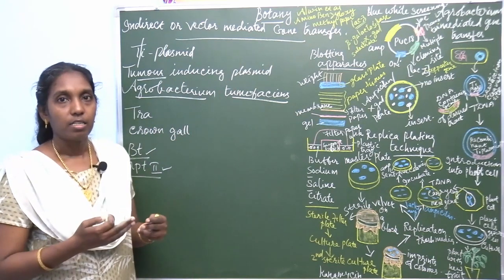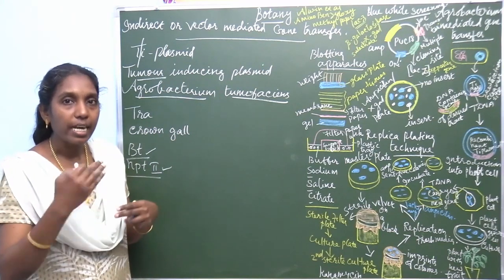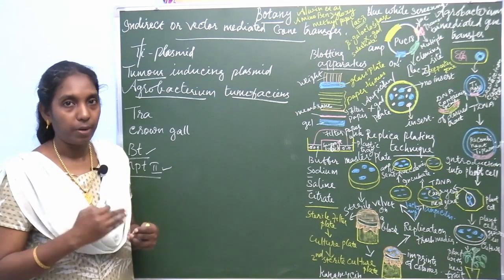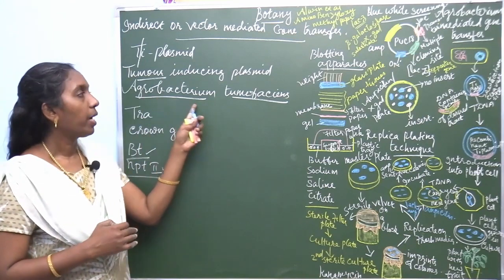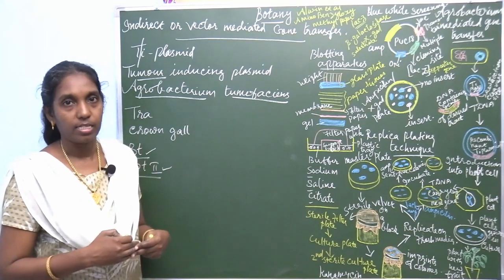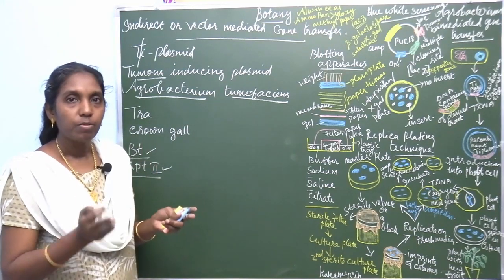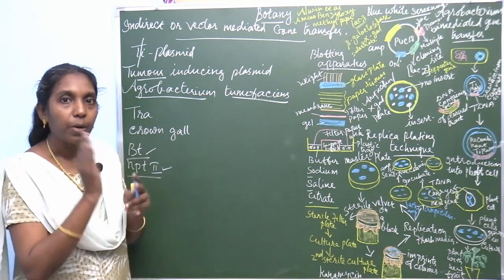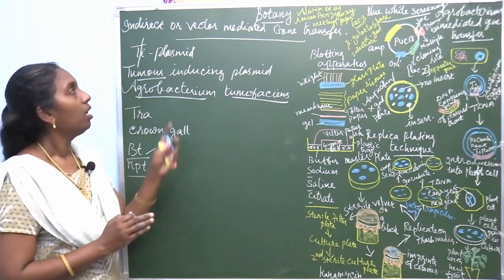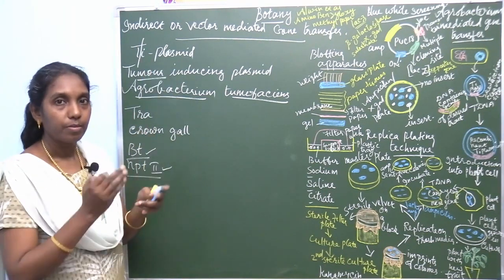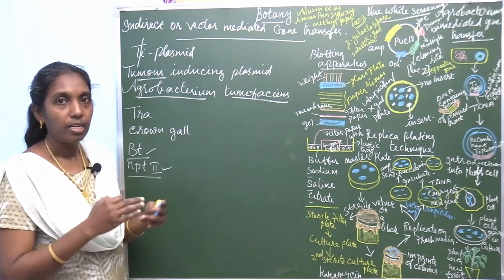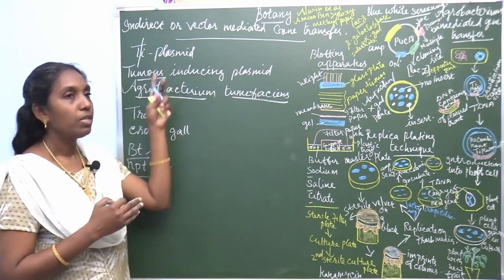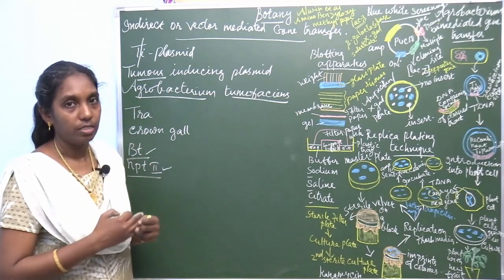In plants, genes are transferred with the help of the Ti plasmid, which is obtained from Agrobacterium tumefaciens. The Ti plasmid contains T-DNA; the part of the gene from the Ti is isolated or removed and modified, and this plasmid is helpful to transfer the gene.